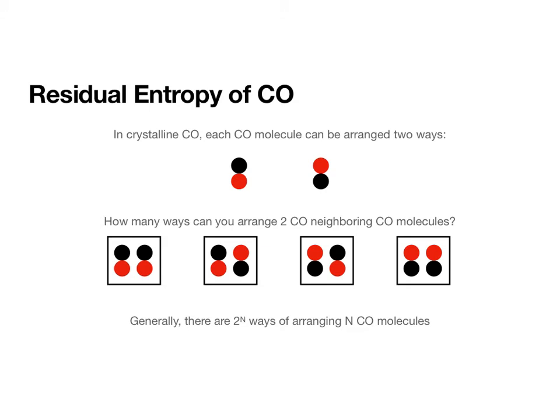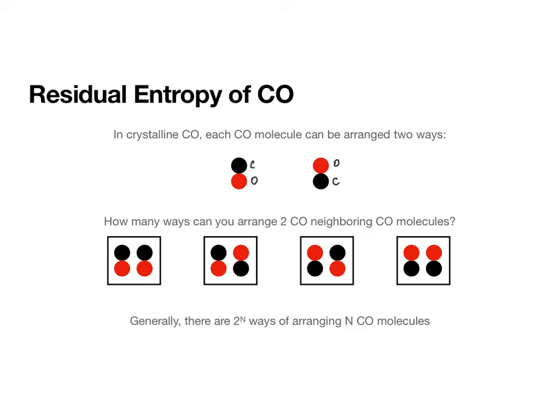So in crystalline carbon monoxide, the molecule can be arranged in two ways. We can think of this as the black is the carbon, the red is the oxygen, and we can have this with the carbon up or the oxygen up. If we start figuring out our number of arrangements, our microstates, the question becomes, how many ways can we take two CO molecules and arrange them?